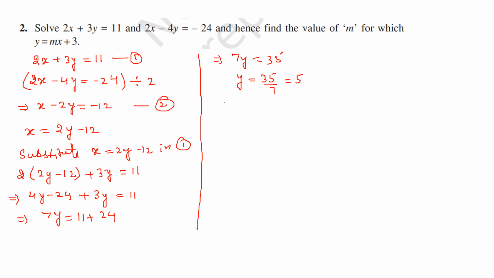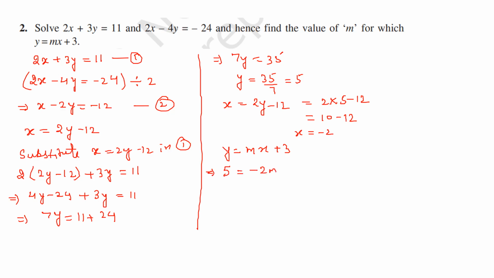Now let's put the value of y equal to 5 in x equal to 2y minus 12. So when you put it over here, it will be 10 minus 12, which will give the value of x as minus 2. Now let's put the values of x and y in the third equation. So y is 5, x is minus 2.